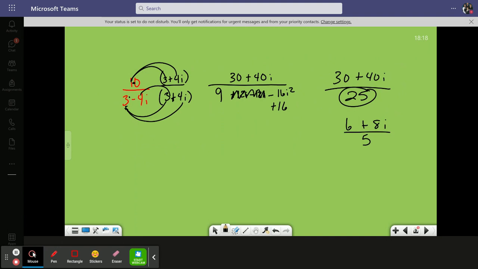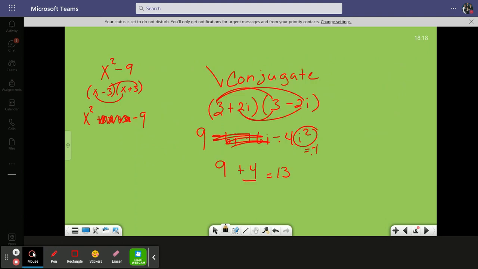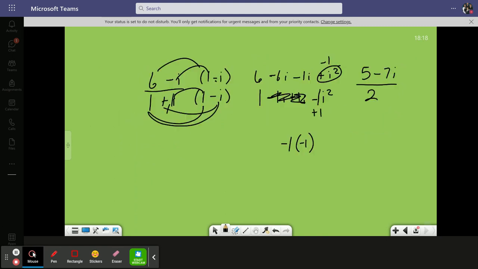It'll always end up being the sum of those squares. 3 squared is 9. 2 squared is 4. 9 plus 4 is 13. Okay? Now that doesn't help you with the numerator, but you know what the denominator should be every time.